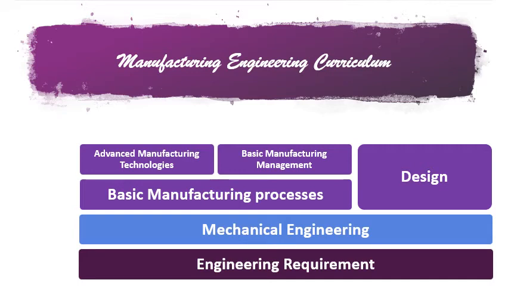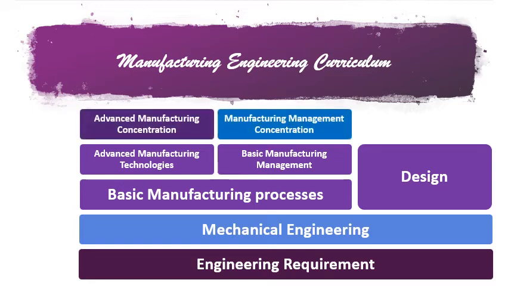Then we give you the opportunity to have some concentration in your study by selecting 4 elective courses. You can choose the advanced manufacturing engineering concentration, where you select 4 courses mainly related to automation and robotics, and of course perform your graduation project in this area.